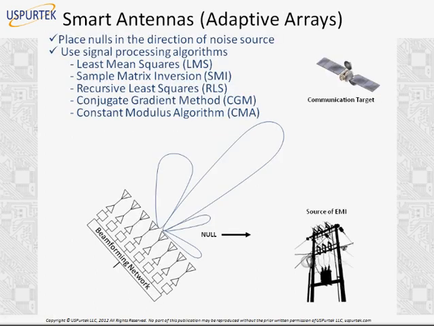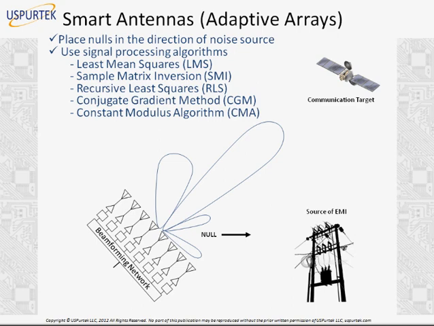So what happens here? Let's say in this picture, we have this phased array antenna which needs to communicate with a satellite. The communication target here is the satellite. But it has a nearby high voltage, kilovolts power line, which is a very noisy source of EMI. It can overcome the signal received from the satellite, and what you will get is noise.